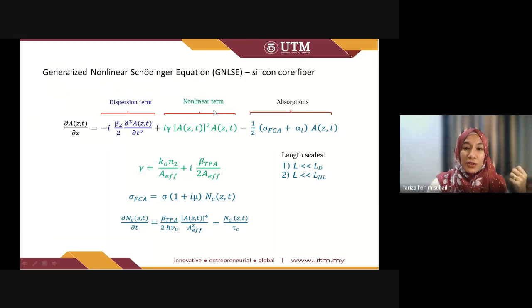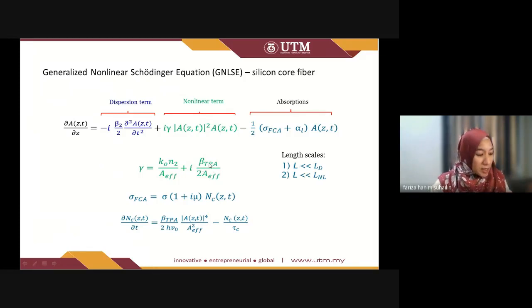And then we have the nonlinear term, which of course is related to the intensity of light, and also gamma, where gamma is given by this equation, a function of the nonlinear index and effective index, and also beta TPA.